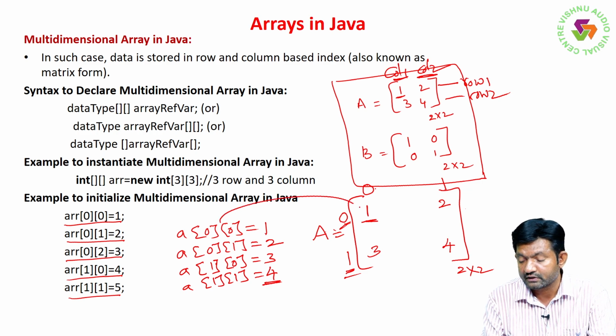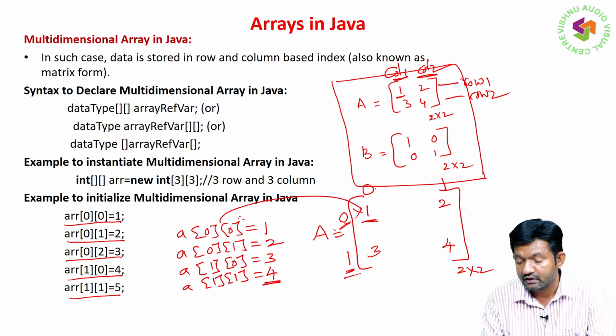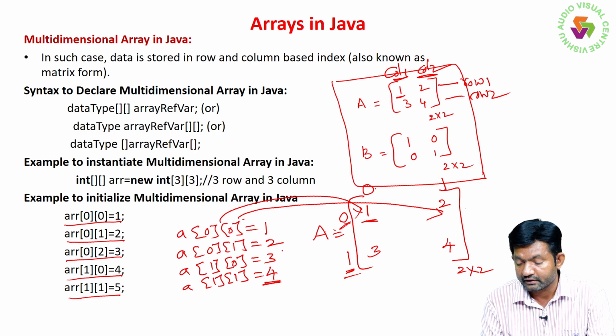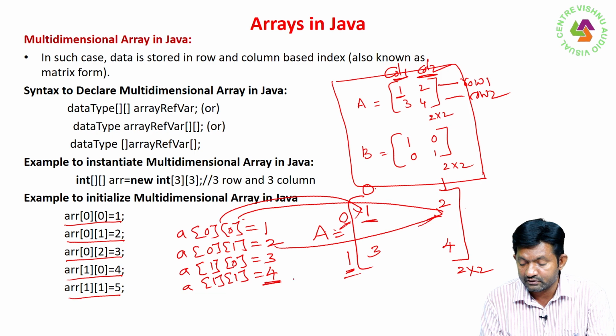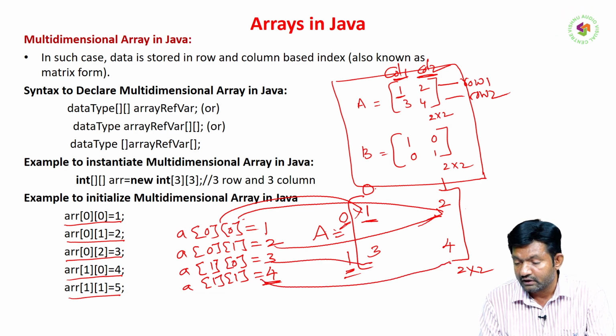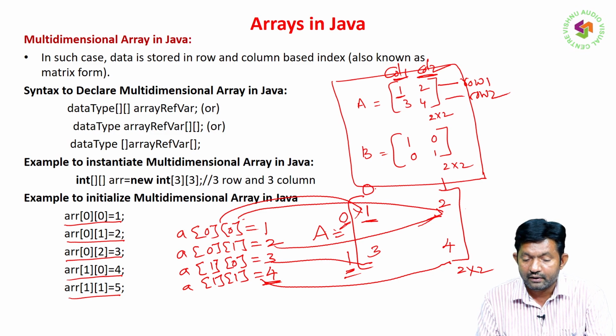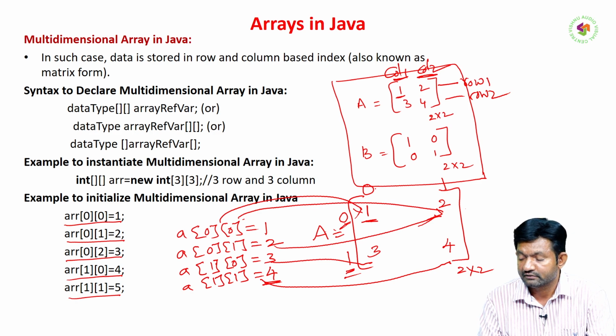That is the representation of the matrix in Java programming. It is the representation of the multi-dimensional array, or two-dimensional array, in Java.